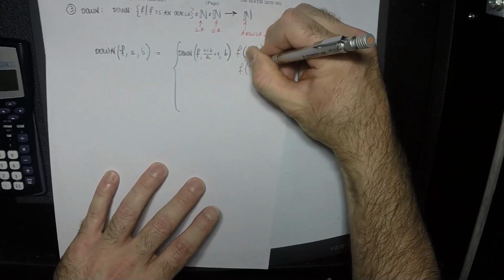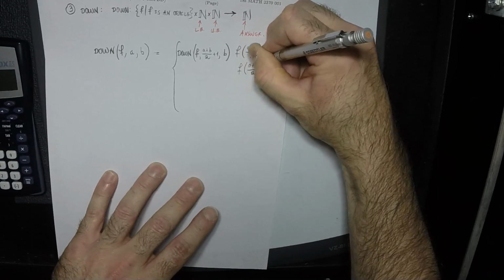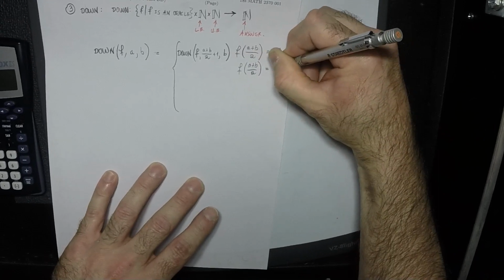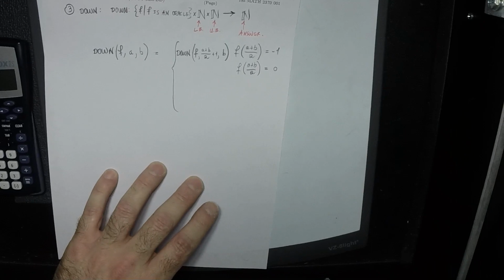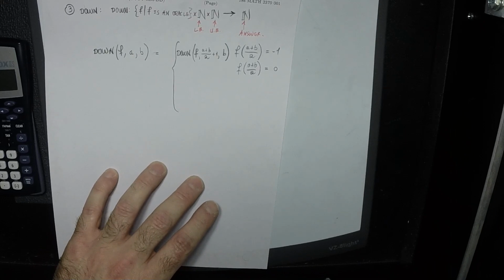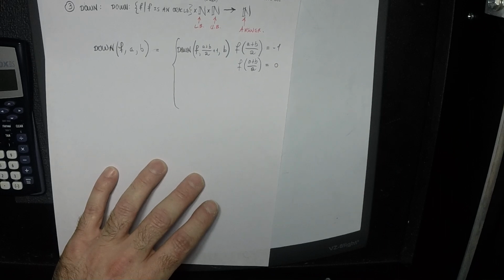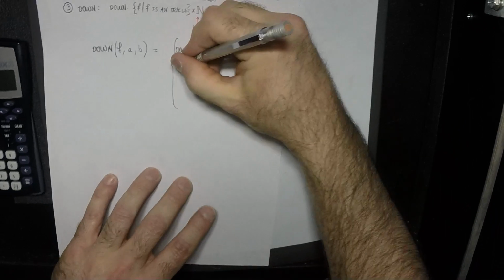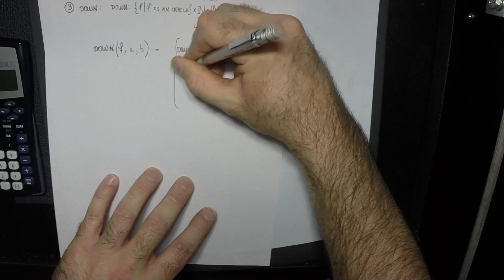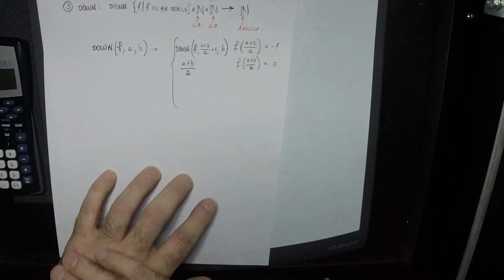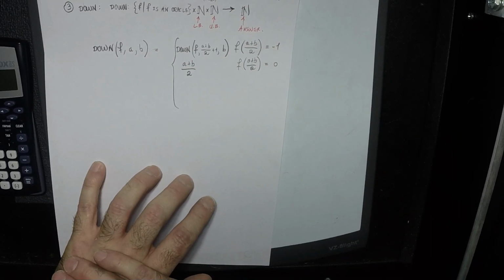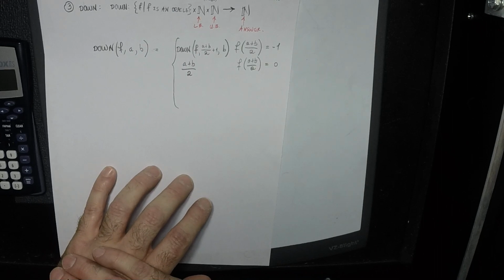If you ask about A plus B over 2, and the oracle responds with 0, then what? Then the answer is A plus B over 2. Okay.